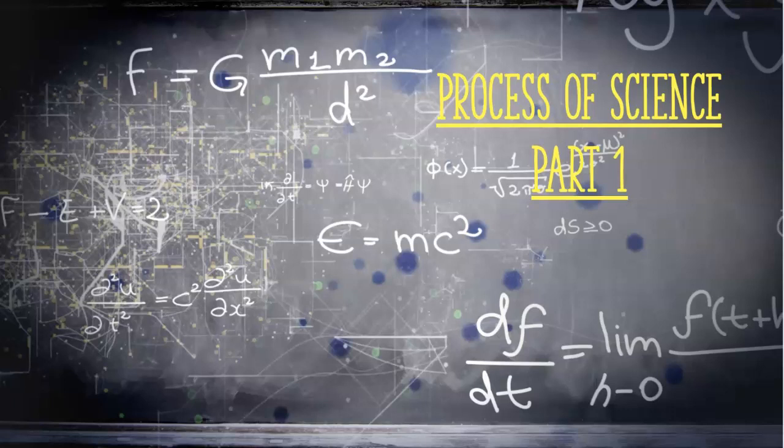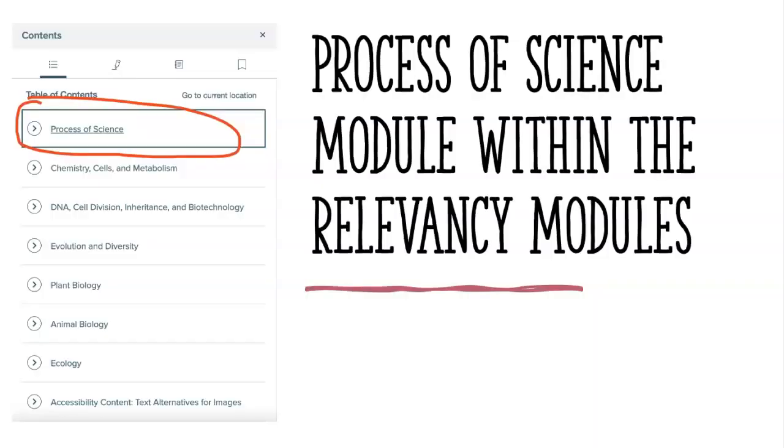So to do this, we're going to approach the resources in the course very differently. We're going to be working with what are called the relevancy modules. So if you go into the course in Connect, the McGraw-Hill platform, you're going to go into the relevancy modules and click on the appropriate module, read through it, and then look at the lecture.